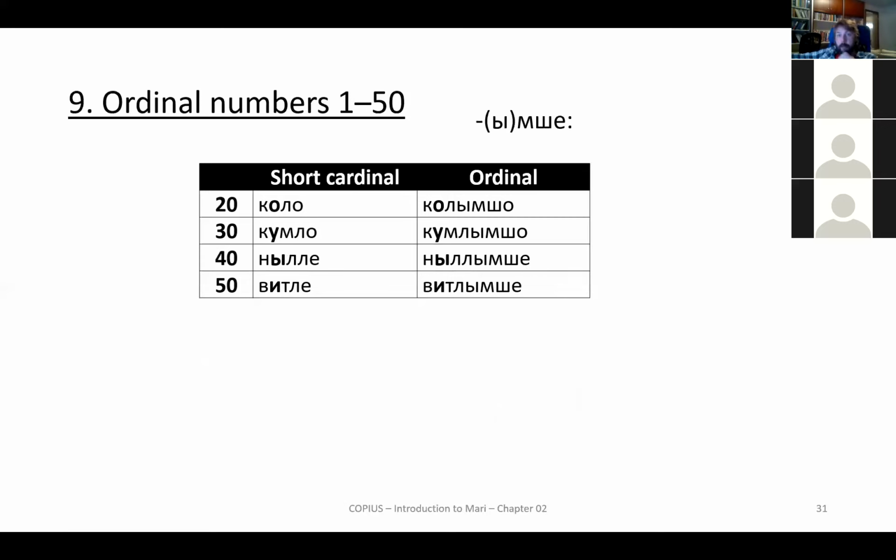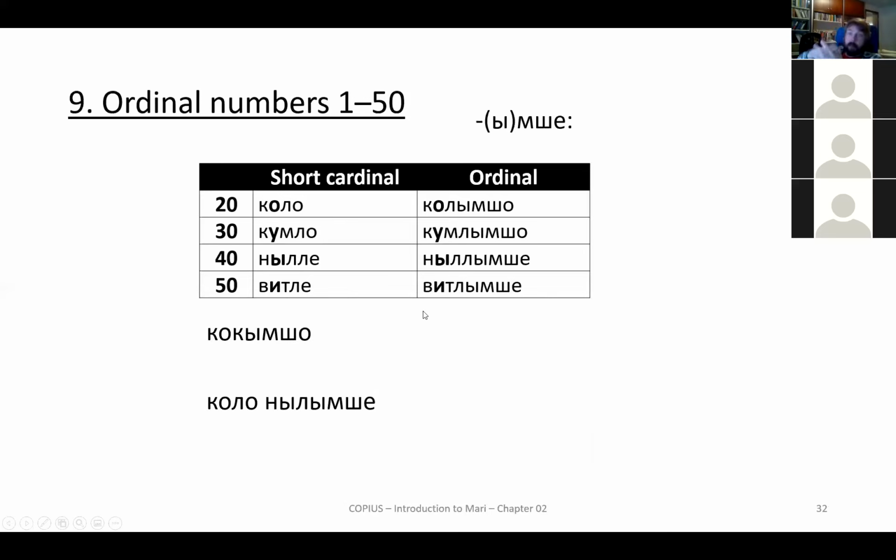That was nilimshe with a single L. But here we have nillumshe with a geminate L. And this is the traditional example with which length distinction in Mari consonants is shown. But you only have length distinction at morpheme boundaries as you have here. Because these are just like the ones we saw last week, I believe. It's originally kok lu, kum lu, nil lu, vich lu, 5 tens and such.